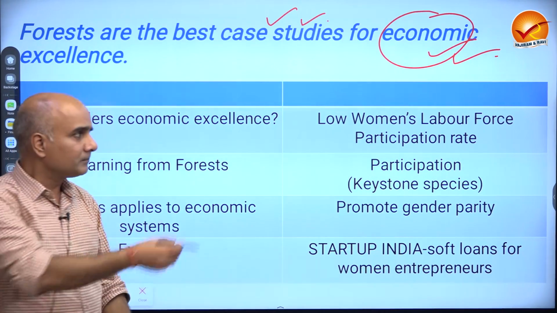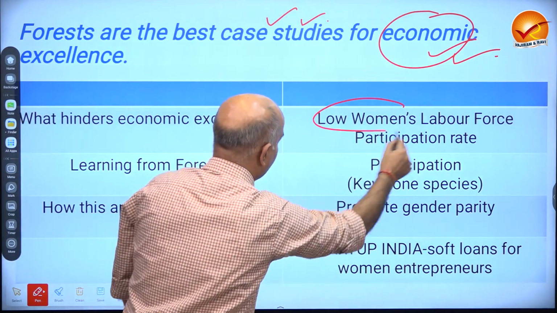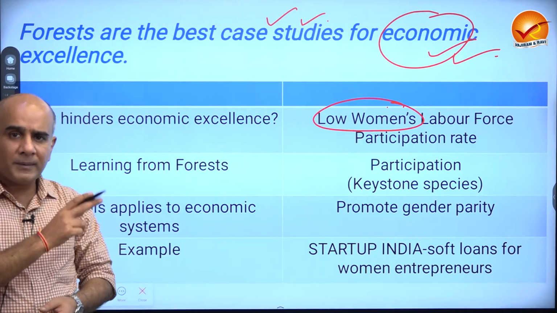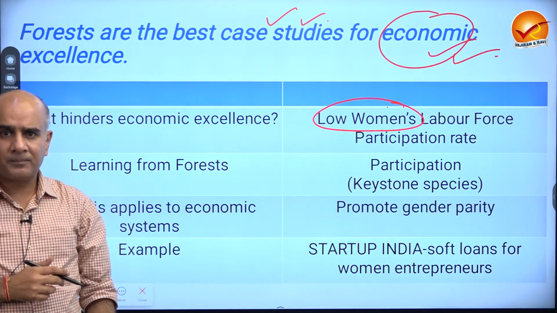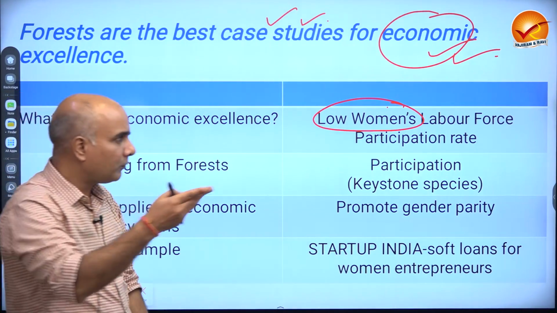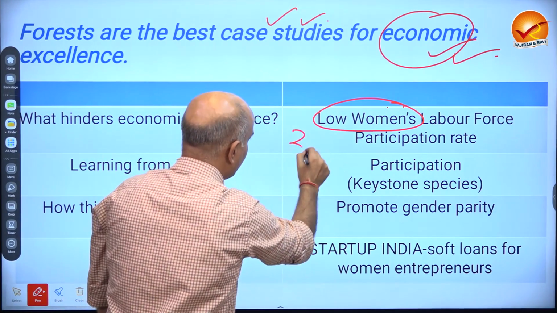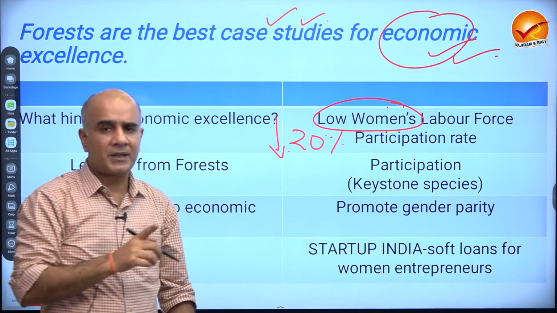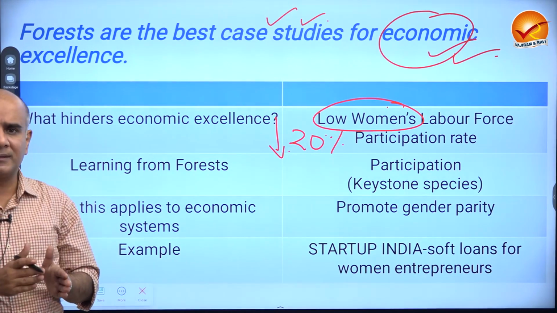Number one, for example, on the basis of gender, in our country, a low women's labor force participation rate. Between 2005 and 2018, a period of about 14 years, the women's labor force participation rate in India has dropped by 20 percentage points. That is a cause for concern.